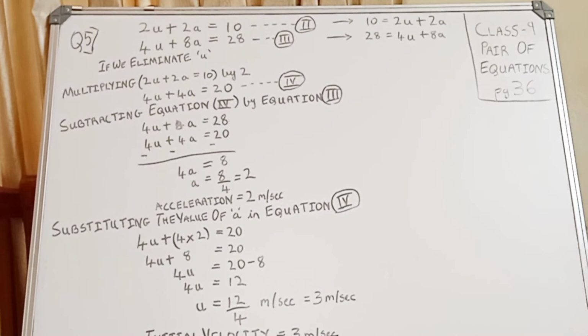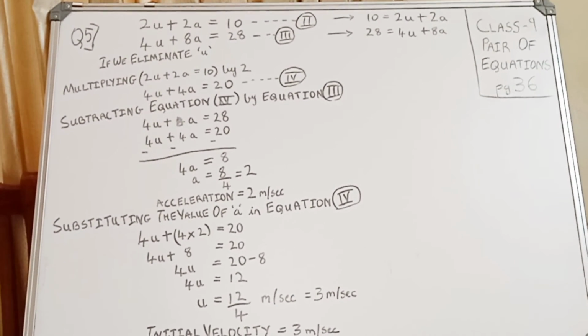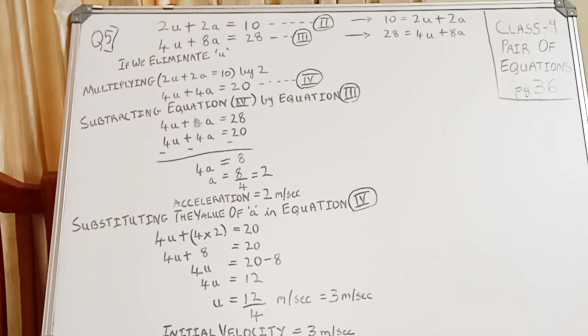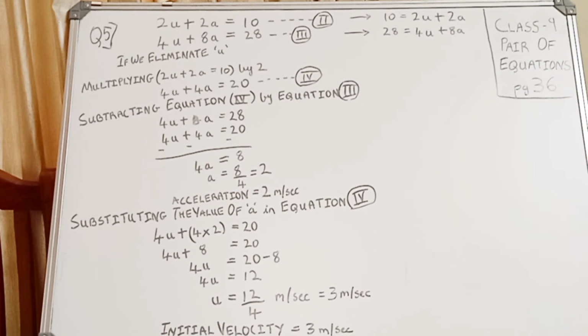Then 4u plus 8a is equal to 28. This is equation number 3. We got this from our previous equation, 28 is equal to 4u plus 8a, which has been rearranged here.